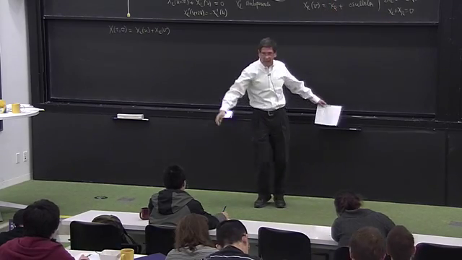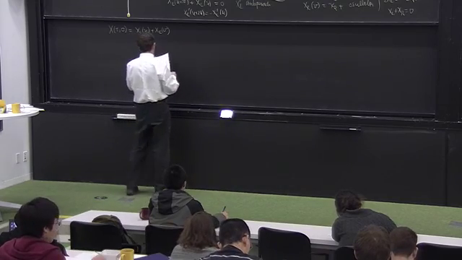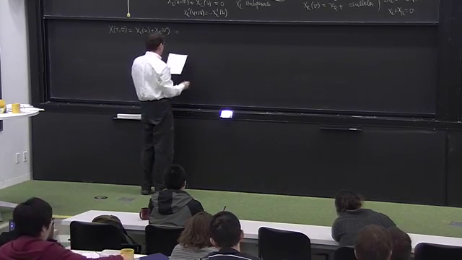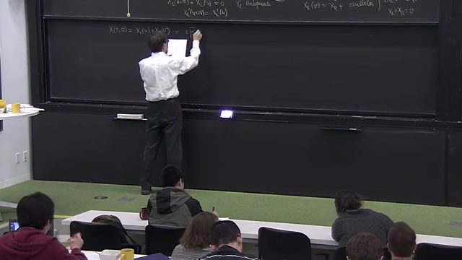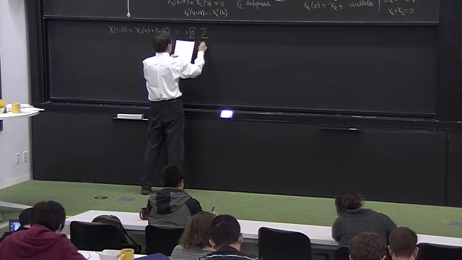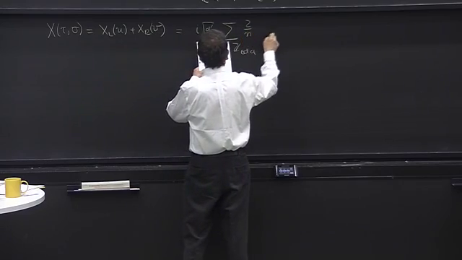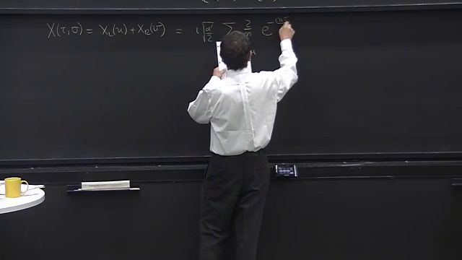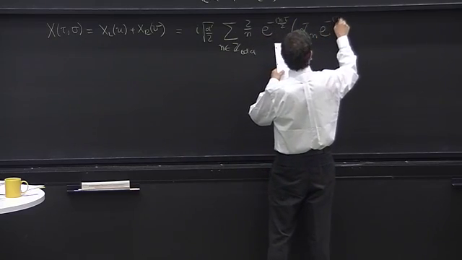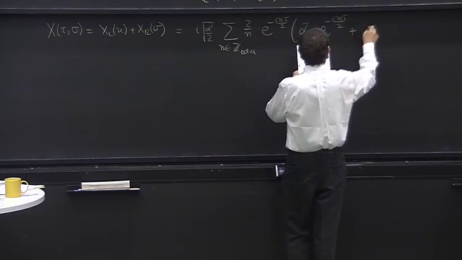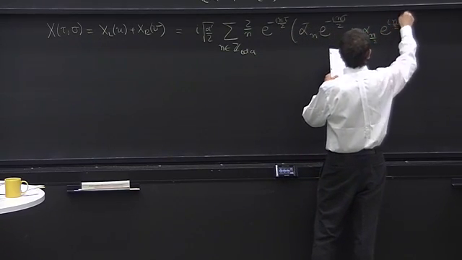So you don't get a 0 mode. And that's perfect. You get just the result of those integrals that we didn't do, but take one line to do. Sum over n belonging to Z odd, 2 over n, e to the minus i n tau over 2, alpha n bar e to the minus i n sigma over 2 plus alpha n over 2 e to the i n sigma over 2.